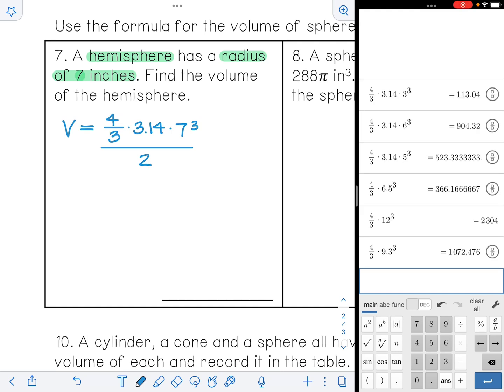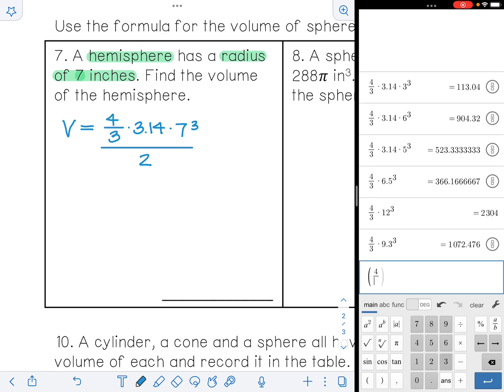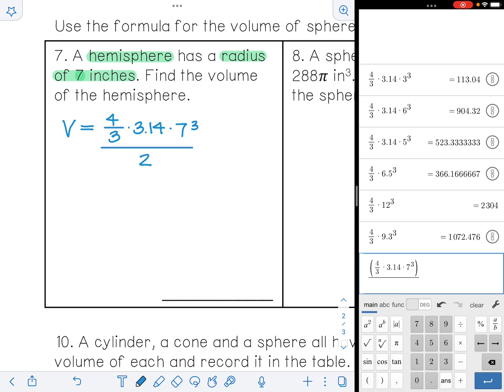So what you want to make sure of is everything you're multiplying on top actually needs to go in parentheses. So 4/3 times 3.14 times 7 to the third power, close parentheses, and then I can divide that by 2.